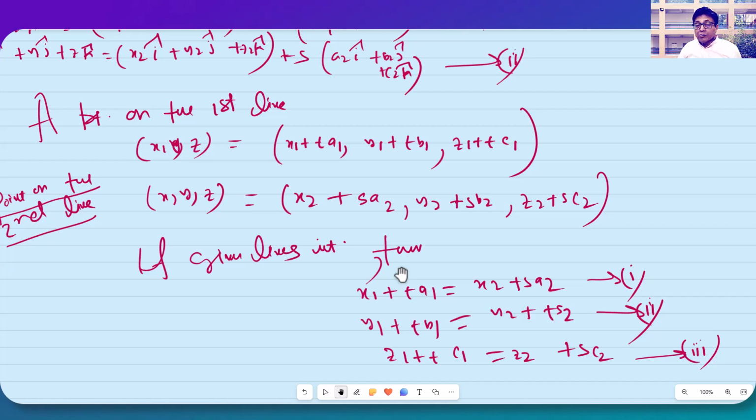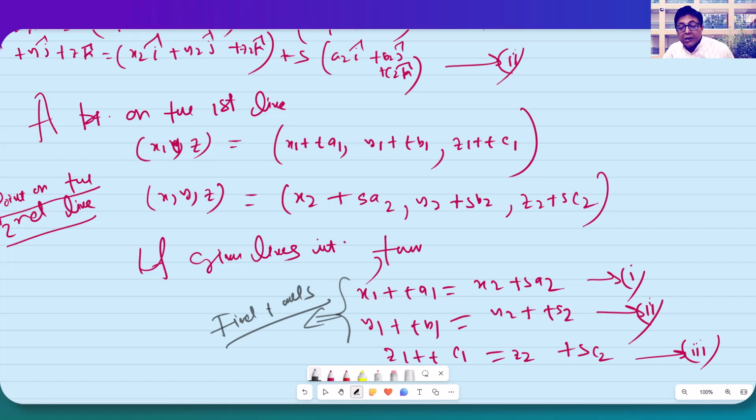So you got three equations. Go with the previous sum method again. You just solve any two of the three equations you got. Solve these two. You find s and t from here. Those t and s you substitute in the third.